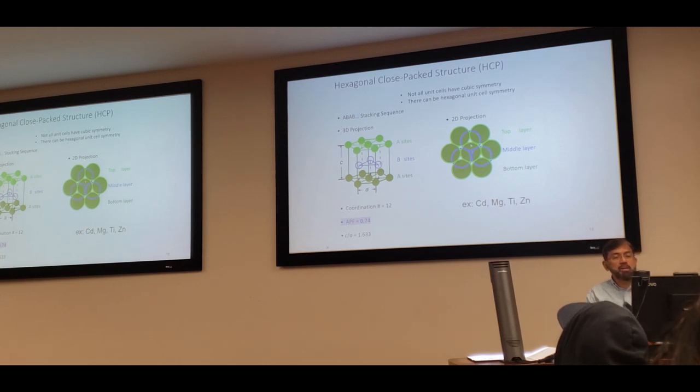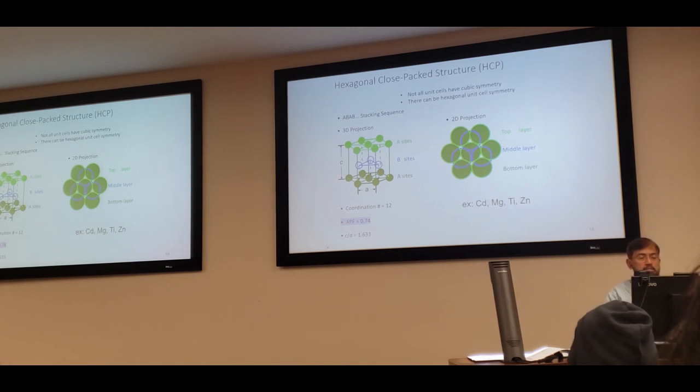So if the third layer is on top of this first layer atom, then it is a hexagonal close packing, HCP structure. You can see this is the first layer, this is the second layer, and this is the third layer.